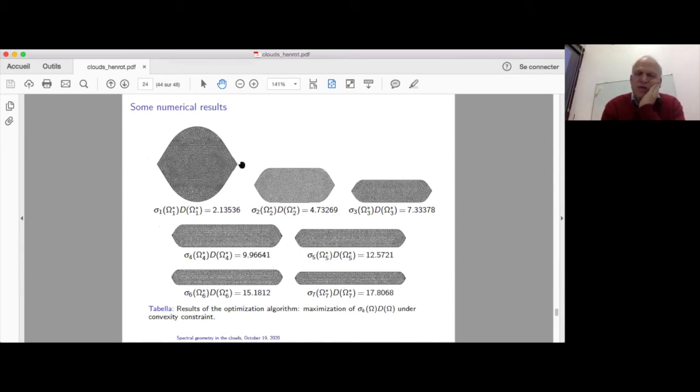As you can see, the diameter constraint is achieved at 2 points. And at these 2 points, we have a corner. So in particular, we have not a C3 domain. We have a singular set at 2 points. At the other points, it seems to be regular. So I don't know if it is C3. I'm not able to see that on this picture, but it seems to be regular.